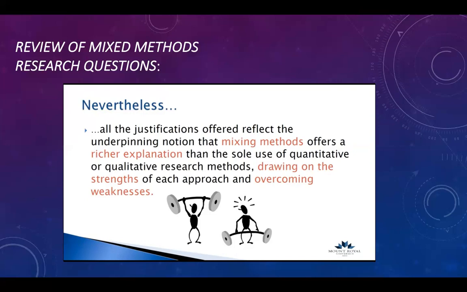Now, what's really important, though, is that it is the research question that drives the choice of method. So we need to reflect back on the research question and how best to attain data to be able to answer that.